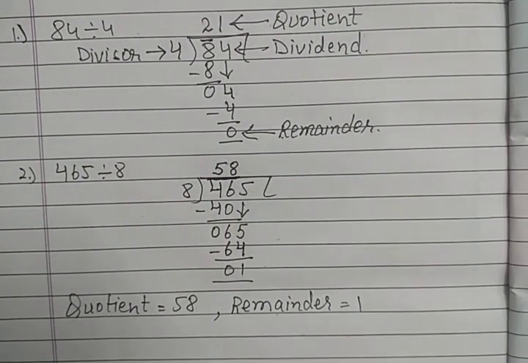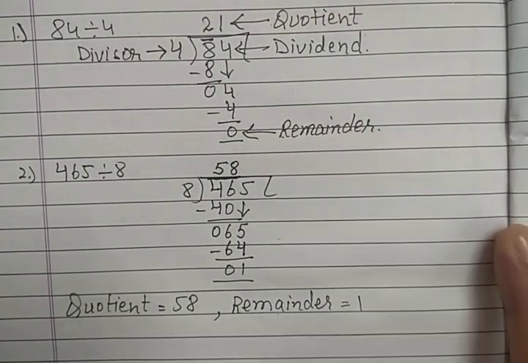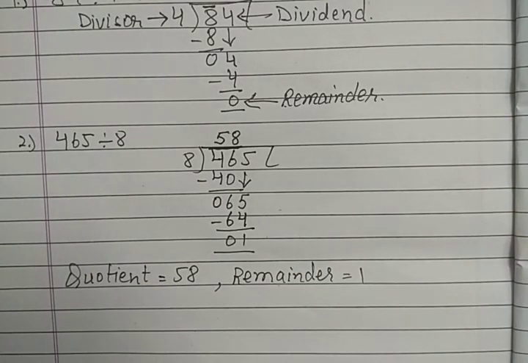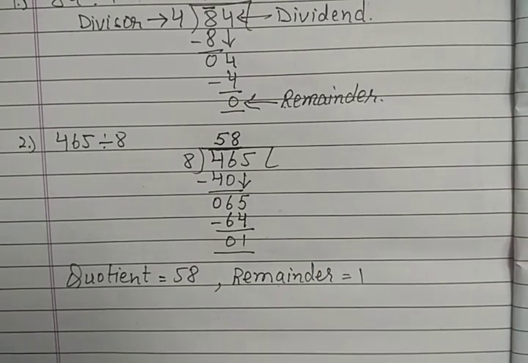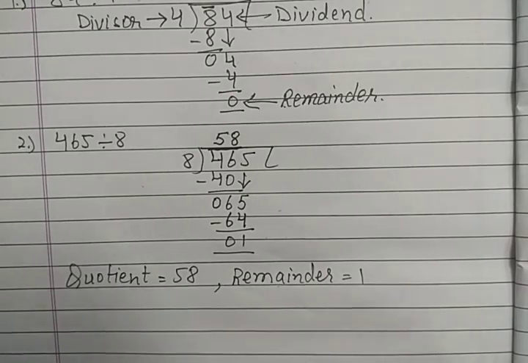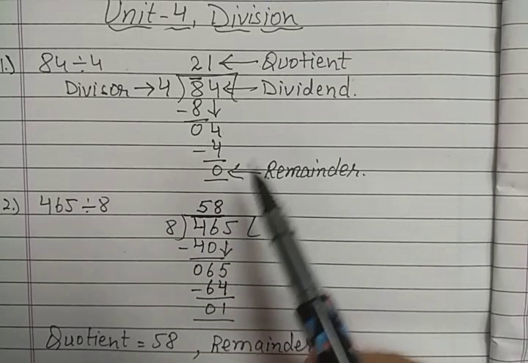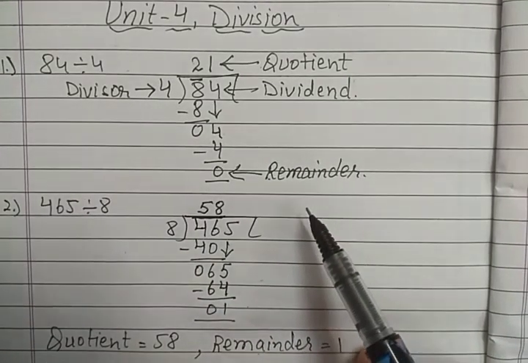So now here we have already divided 2 questions. Let us try to understand the relationship between dividend, divisor, quotient and remainder.